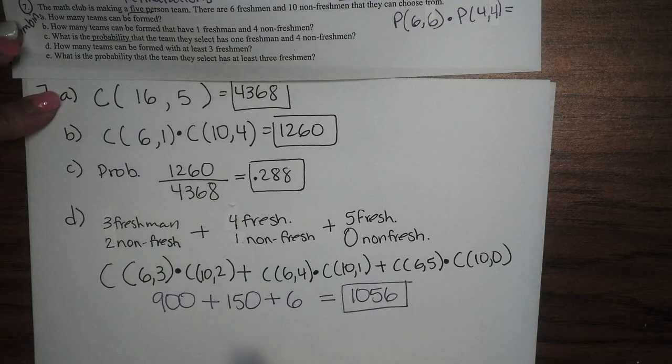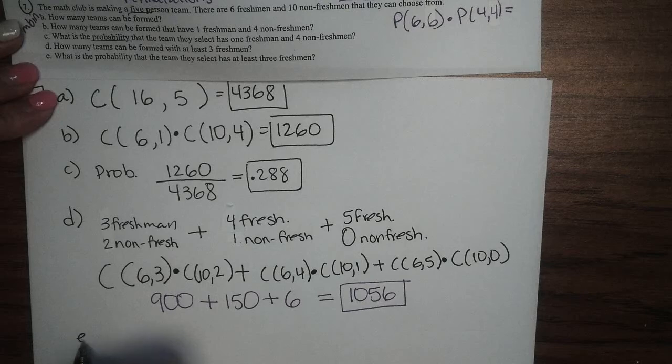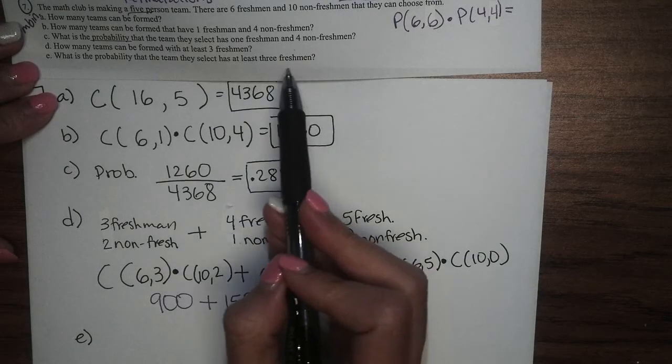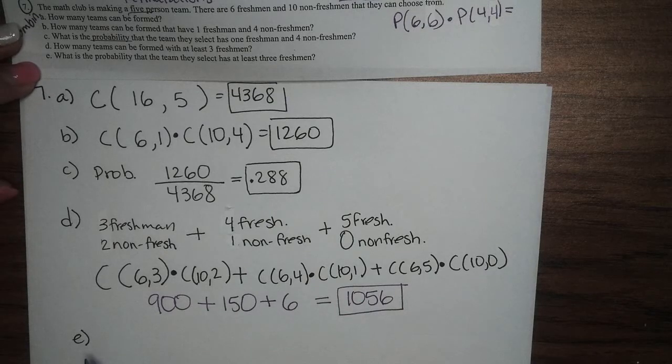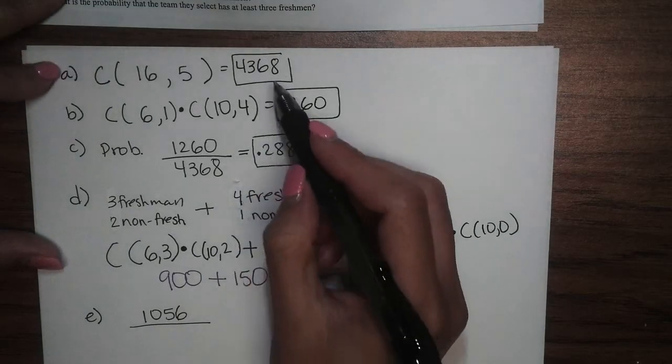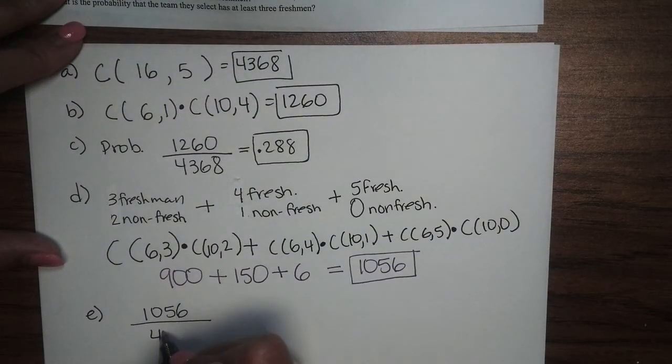Last one, letter E. What's the probability that the team they select has at least 3 freshmen? That's the same thing that we did on C. The probability will be your number of options that have at least 3 freshmen, which we just did, 1056, out of the total number of teams. Remember at the very beginning, letter A, total number of teams possible.